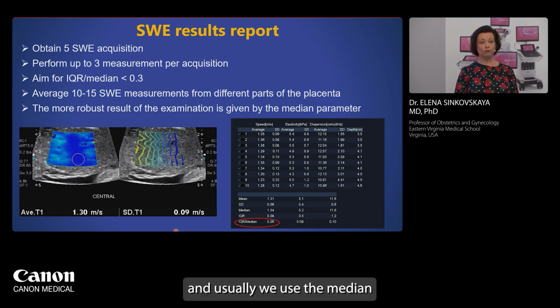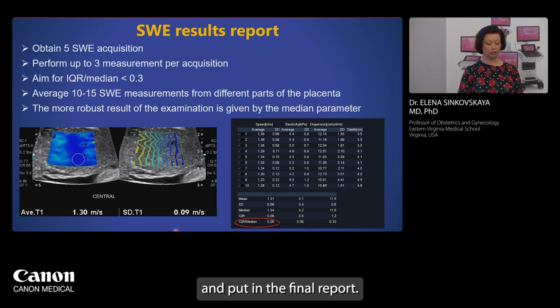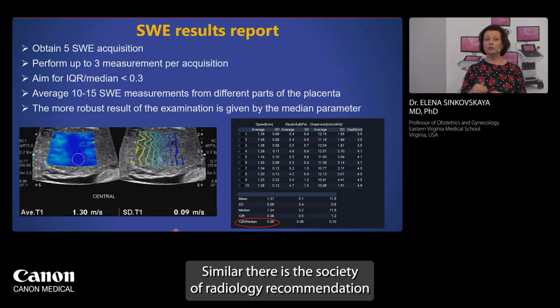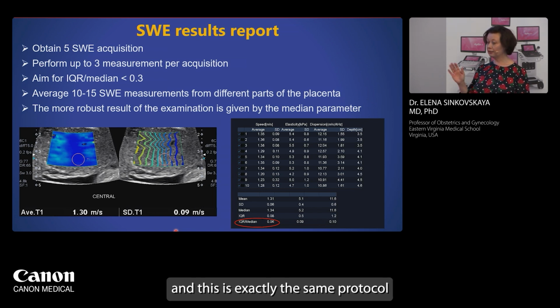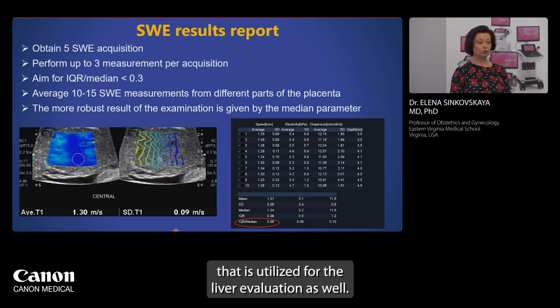Usually we use the median of all of those measurements to interpret and put in the final report. Similarly, there are the Society of Radiologists recommendations, and this is exactly the same protocol for how to report the shear wave elastography that is utilized for liver evaluation as well.